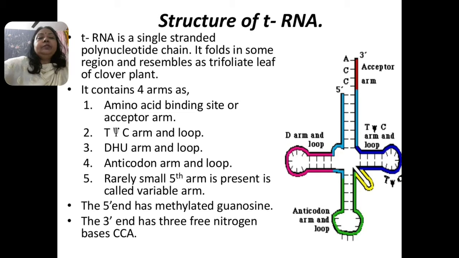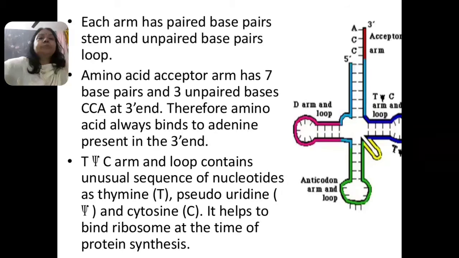And the fifth, a really very small arm, is called the variable arm. The 5' end has a methylated guanosine, and the 3' end has 3 free nitrogenous bases, that is CCA. Here you can see in the picture each arm has a paired base system and an unpaired base loop. The amino acid acceptor arm has 7 base pairs and 3 unpaired bases, CCA at the 3' end.